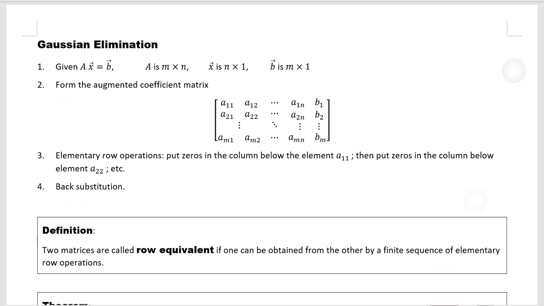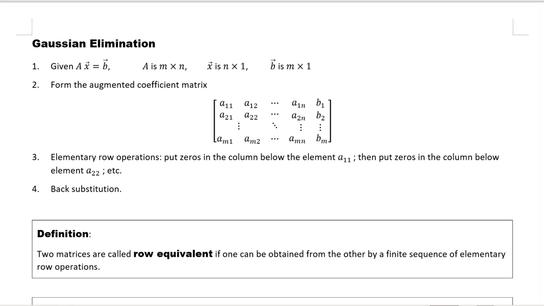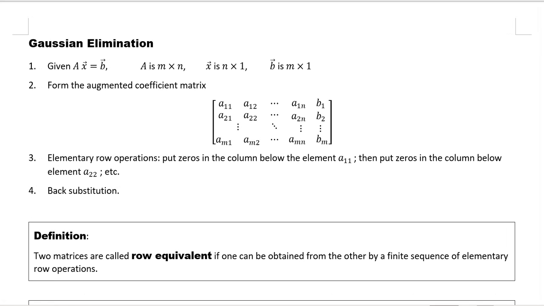So what is it? Given a linear system Ax equals b, A is an m by n matrix. Remember m is the number of rows, n is the number of columns. And x is an n by 1 column vector, and b is an m by 1 column vector. So x and b are both column vectors.